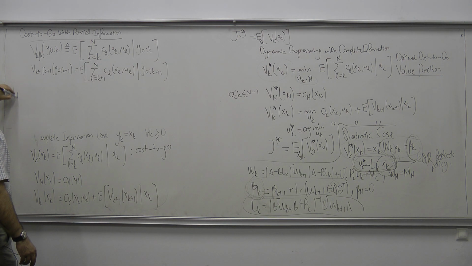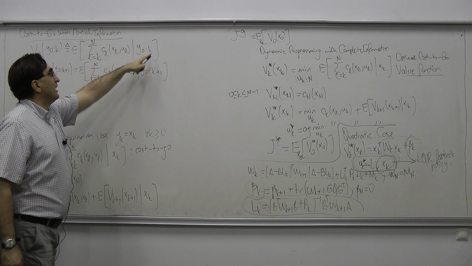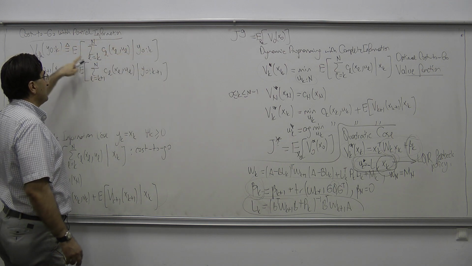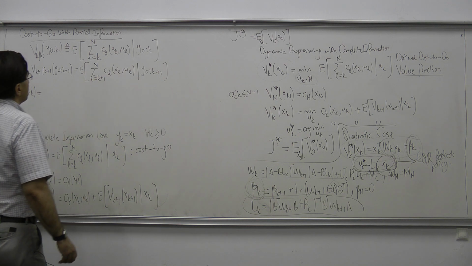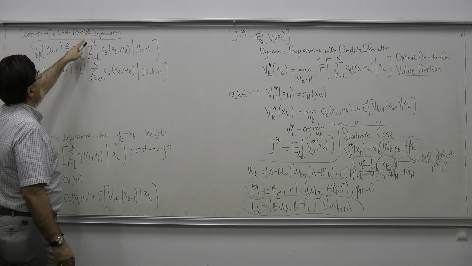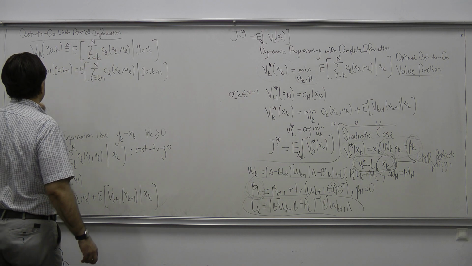So I have vk given k, y0k. I'm going to try to write this vk given k in terms of the right hand side here. And for that purpose, I'm going to separate the L equals k term from this summation.